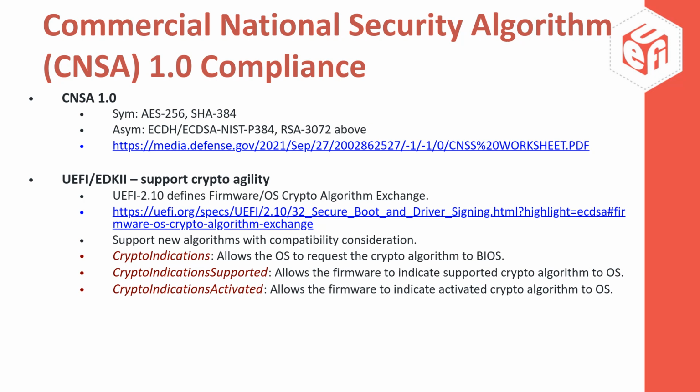The expected flow is that during boot, the BIOS reports its supported capability and the activated algorithm currently in use. The OS may choose a subset of the supported algorithms, tell the BIOS to use that setting, and reboot the system. In the next boot, the BIOS will apply the OS setting and report the new activated algorithm.